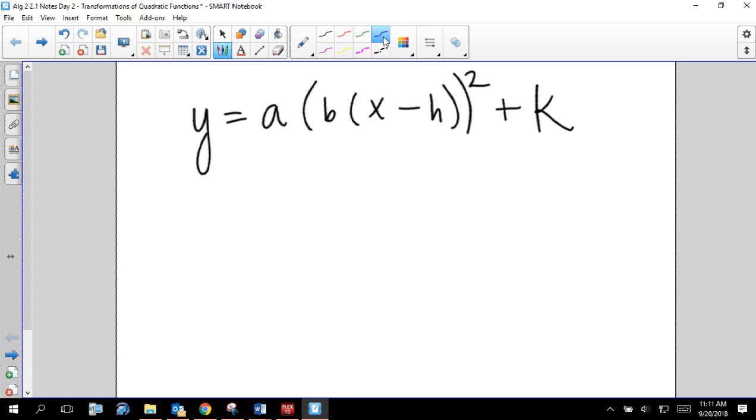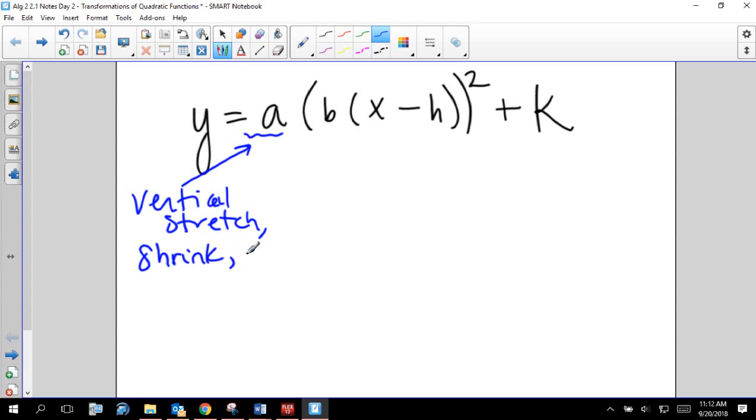So let's go through each of these. A, what does that stand for in transformation? Vertical stretch, shrink, or reflect in the x-axis.